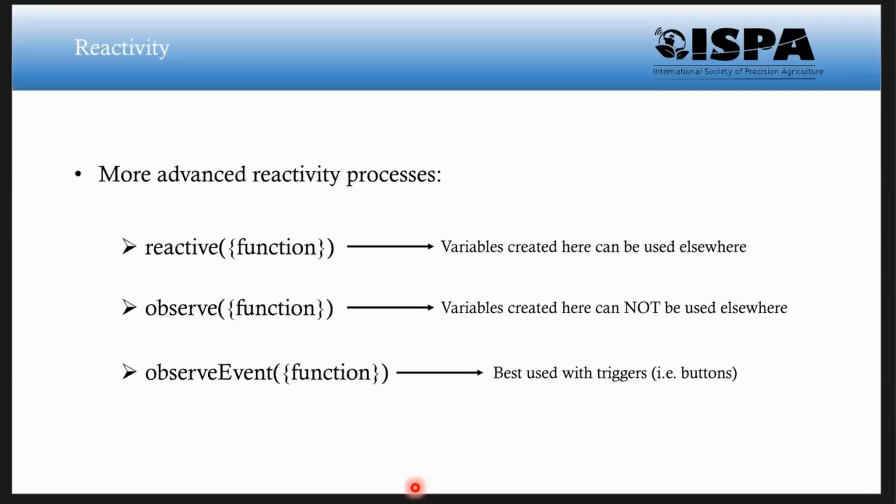The variables created here can be used elsewhere. Different from observe, where the variables created cannot be used elsewhere. And the observe event will observe an event. So if you click on a button, this function will start happening.